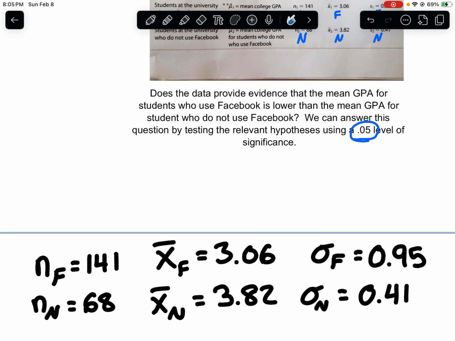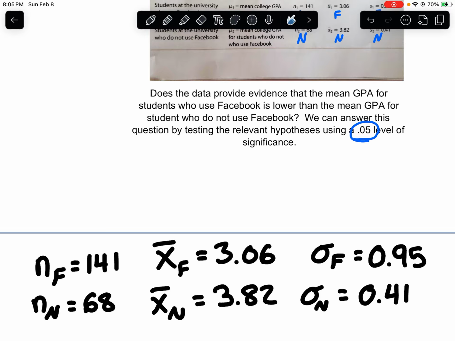So if we take what we're given and organize it a little bit first. For the subscripts in this example, I just used F for Facebook users and N for not Facebook. I didn't want to do NF for not Facebook because that would have been even messier.